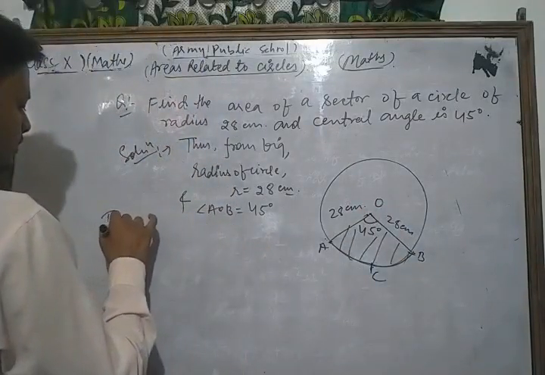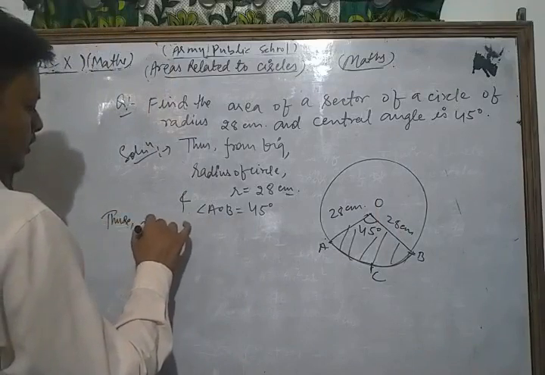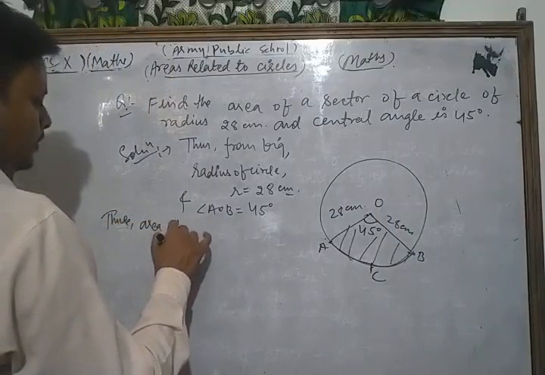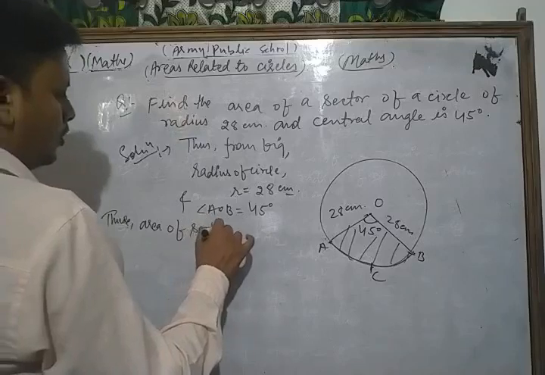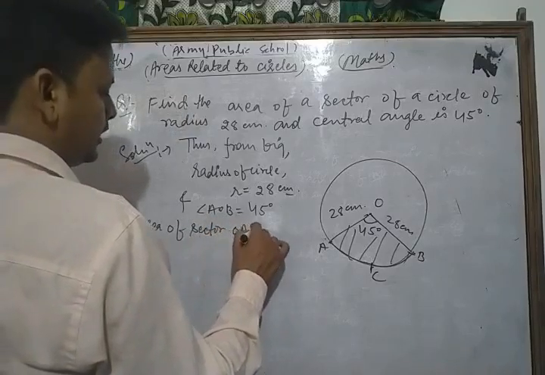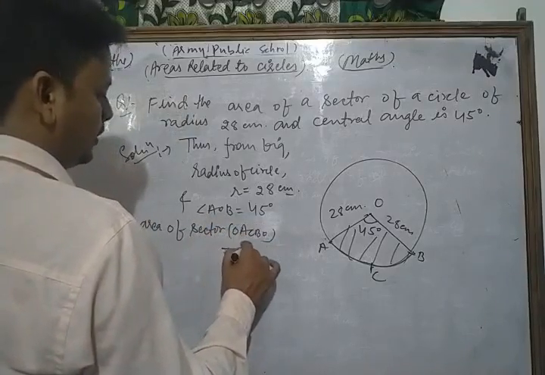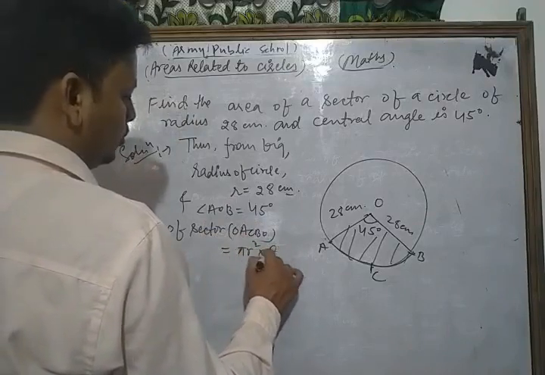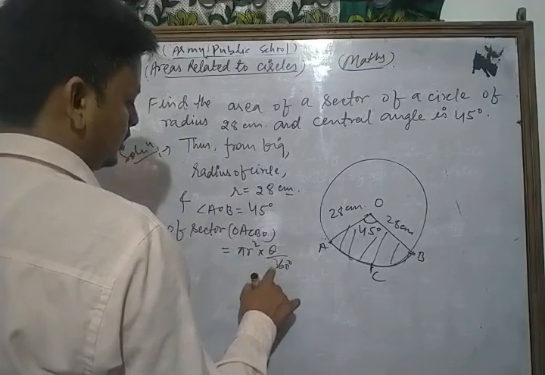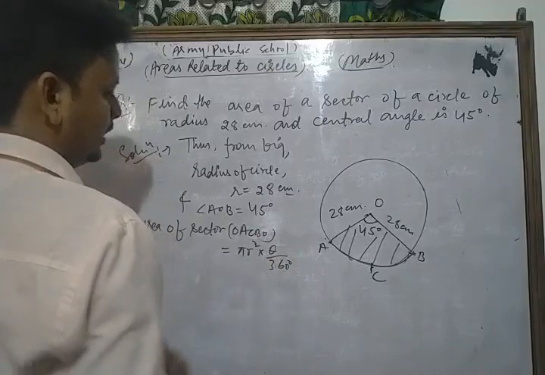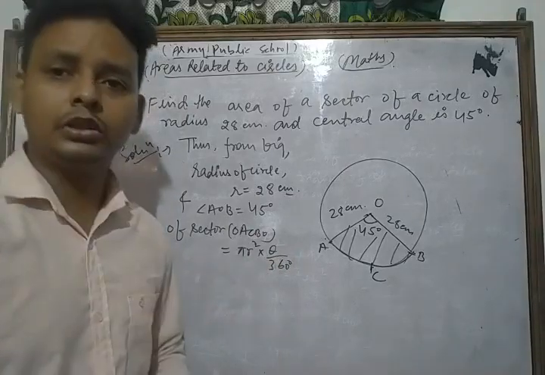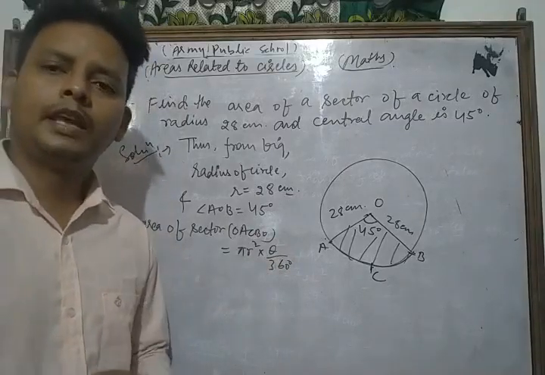Thus area of sector OACBO is equal to, you know that, pi r square into theta upon 360. This is the formula for area of sector.